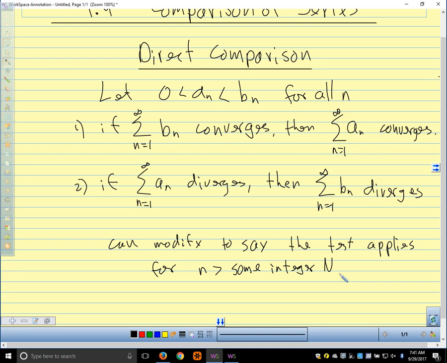So we're deleting a finite number of terms from the beginning of each series. So eventually, one is always less than the other, or one is always greater than the other. Then we can apply the test as well.